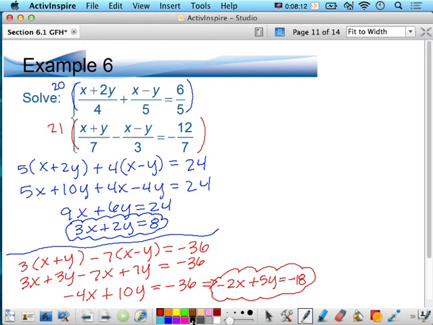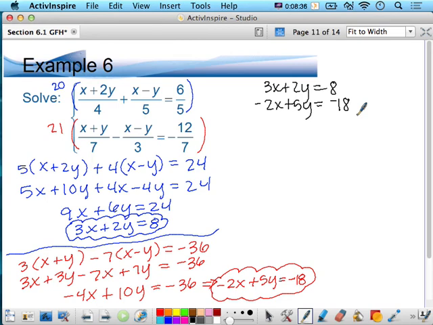So let's put them back together and take 3x plus 2y equals 8 and compare it to negative 2x plus 5y equals negative 18. You guys want to eliminate the x's? Because one's already positive and one's already negative? Yes?